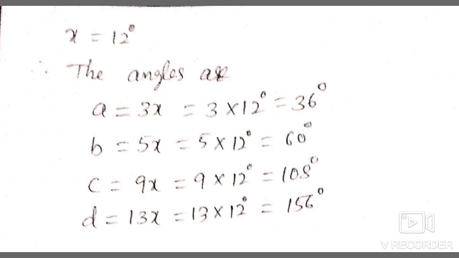And angle D is equal to 13x, which is 13 into 12 degrees, that is equal to 156 degrees. So like that we can find the angles of a quadrilateral if they are given a ratio.